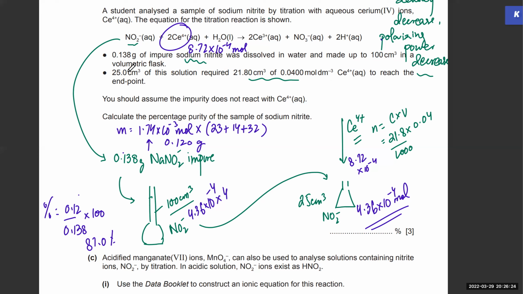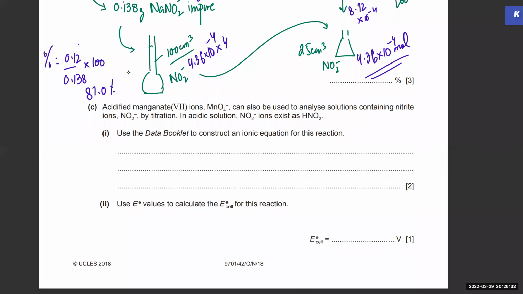Is that clear? Let me explain. If I have a number like 4.12, and I have another number which is 2.0, and if I multiply them, this is 3 significant figures, that is 2 significant figures. Let's take this as 4.00.